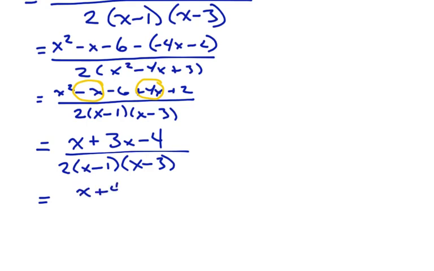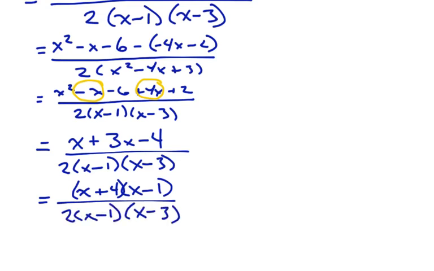We'll have x plus 4, x minus 1. And now we see, hey, we do have a common factor that we can cancel out, this x minus 1. So now we multiply out the numerator and denominator and get our answer: x plus 4 over 2x minus 6.